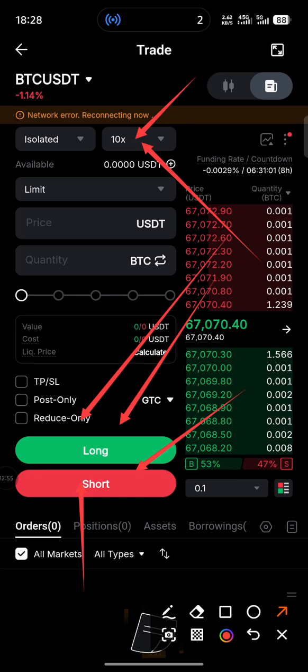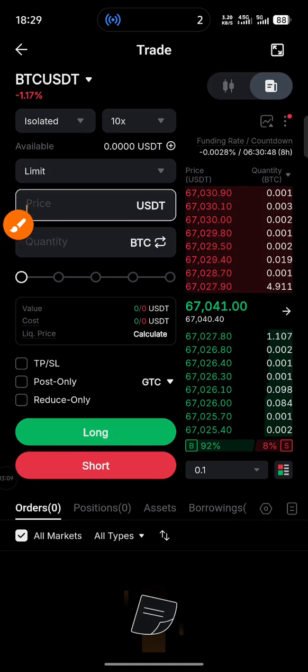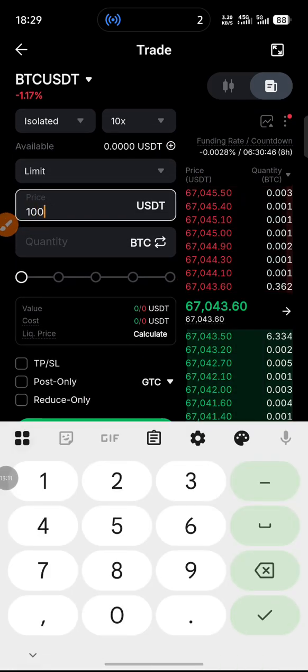All right. So coming to this place, let's say I want to trade with 10 USD, right? Using leverage. If I'm using leverage now, in this place I'll be inputting 100 USD.